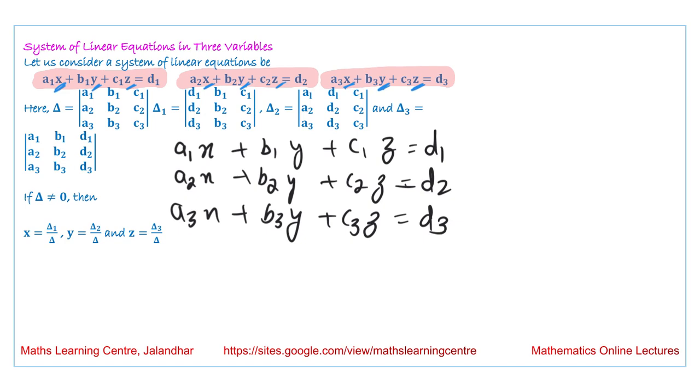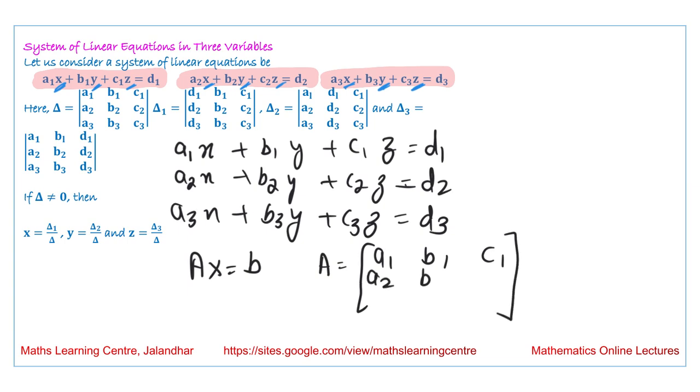We can write this system as AX is equal to B, where A is the matrix with rows a1 b1 c1, a2 b2 c2, a3 b3 c3.